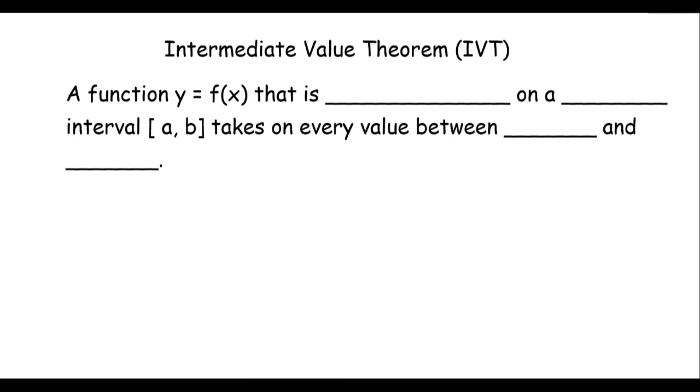A function y equals f of x that is continuous, so that's our condition. Before I can use the intermediate value theorem, we first have to have a continuous function. That's what that means. On a closed interval. What does closed interval mean? That means you include the endpoints. Bracket, bracket.